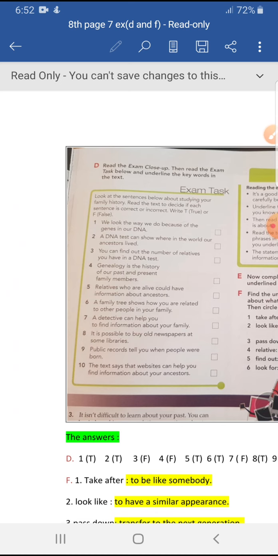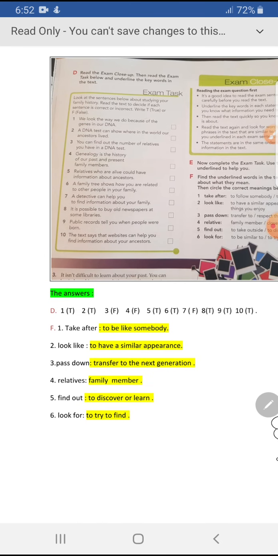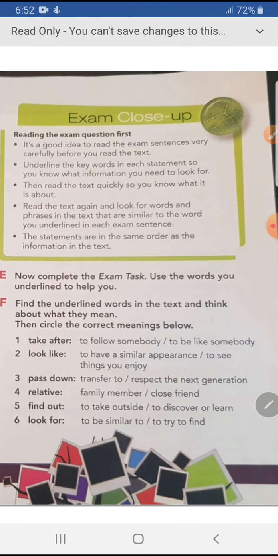Now let's go to exercise F. This is vocabulary. So let's read and underline the correct answer. Find the underlined words in the text and think about what they mean.